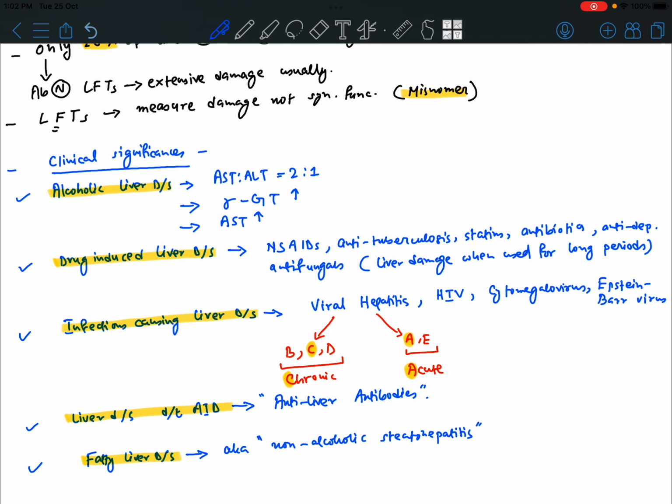It is known to cause chronic liver disease as well as hepatocellular carcinoma.